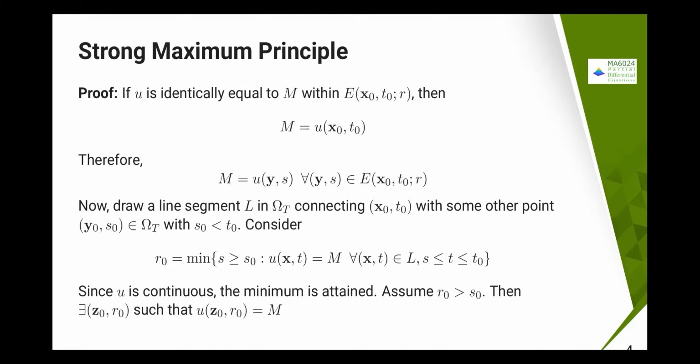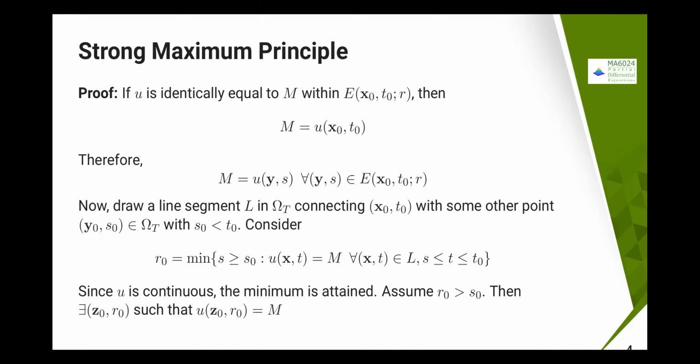See, u of x comma t is continuous. Now L is a line segment, so is L compact? L is a line segment, it is a bounded set, and since it is a line segment, it is closed.